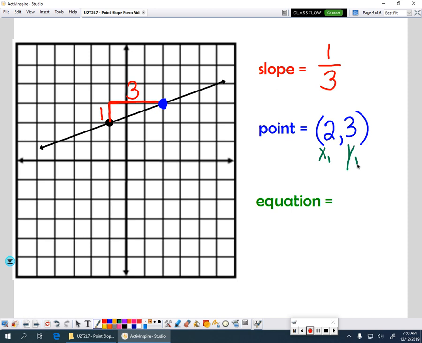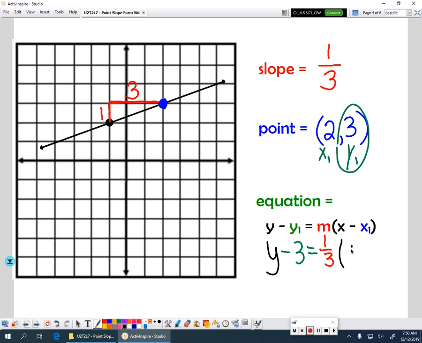And then we just plug everything into our equation, into our formula. So what I'm going to have is y minus y1, which is this 3 value, and that's going to equal my slope, that m, which is 1 over 3, and then x minus my x value, which is right here, that 2.